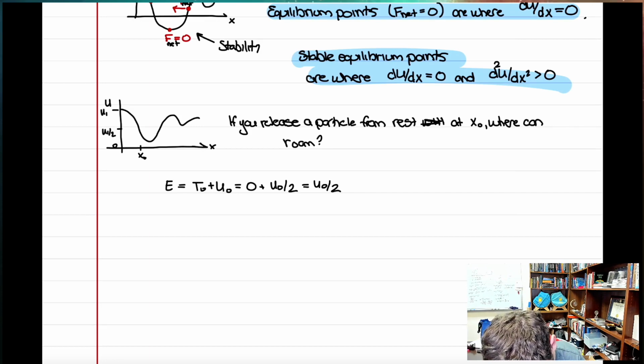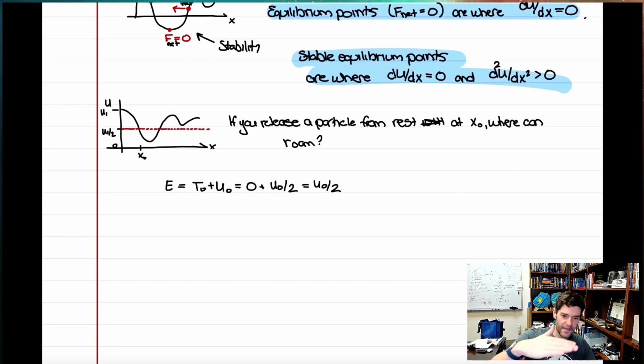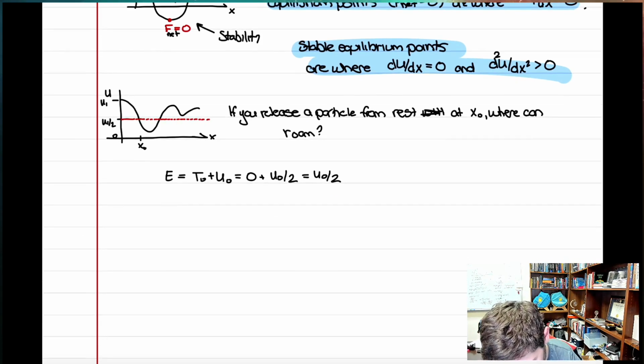We could make that a red dashed line as it goes out. If that red dashed line is the total energy, the particle can never exist above that line, because if it did, its potential energy would be greater than the total energy, and kinetic energy is always positive, so you can't add a kinetic energy to bring it back down. So for this particular example, this region becomes forbidden.